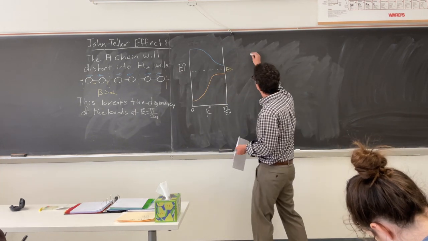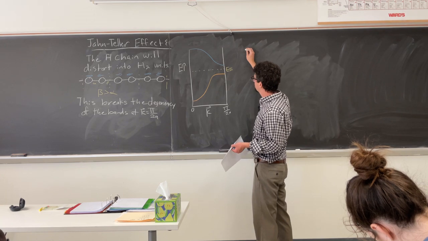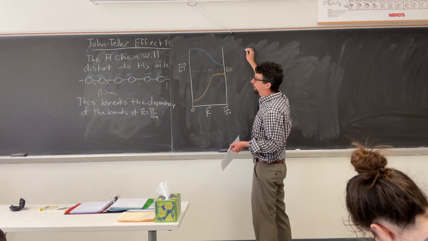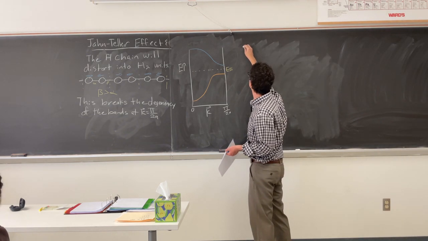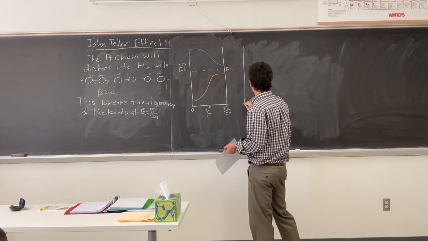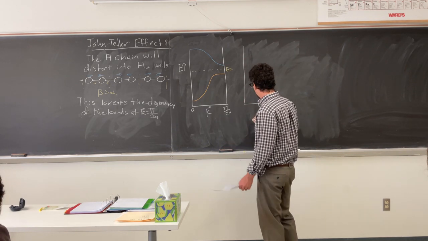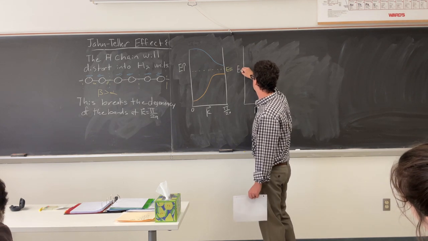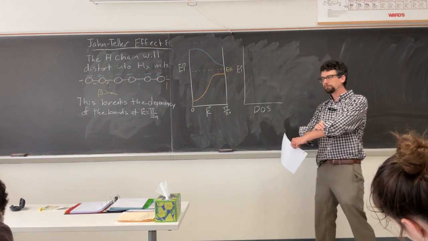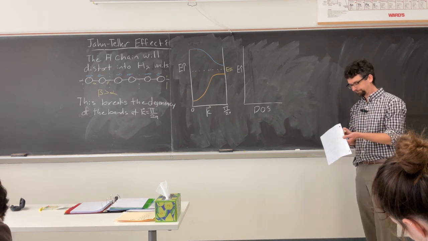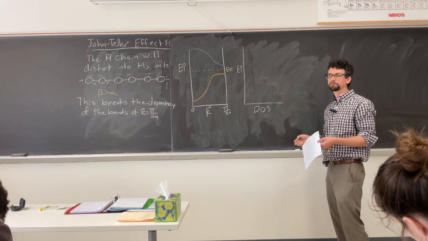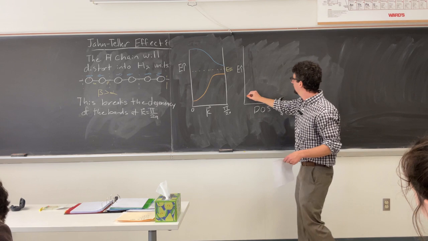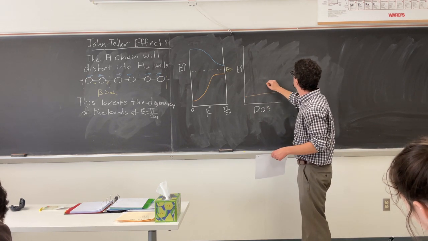Okay. No, they should be about the same size. Now, let's say I wanted to plot the DOS. What's that going to look like? Yep, two sets of demon horns.